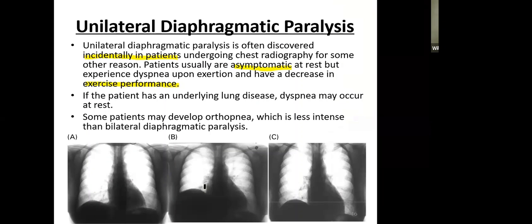The other lung and the other side will become increasingly functional and take up the additional strain. But this is not the case in all patients. If you have a patient with unilateral diaphragmatic paralysis who also has underlying lung pathology like COPD or something else, then they are going to have drastic changes.